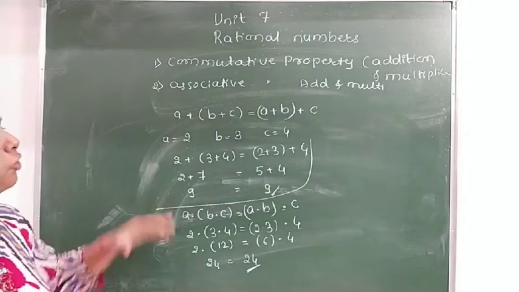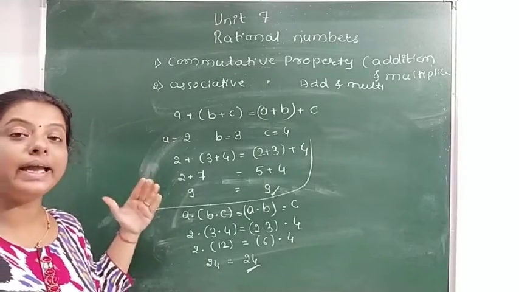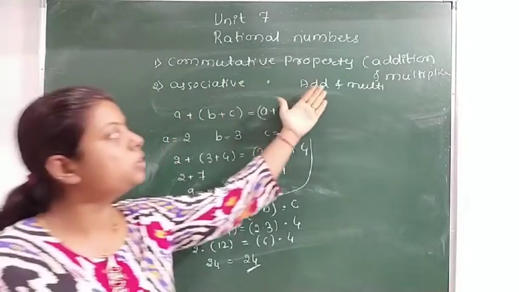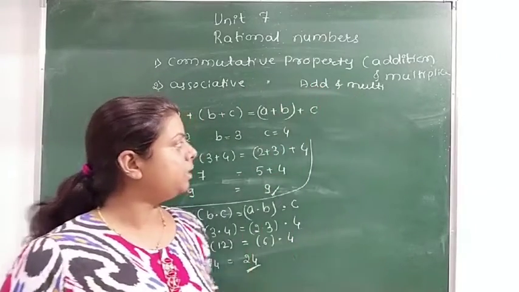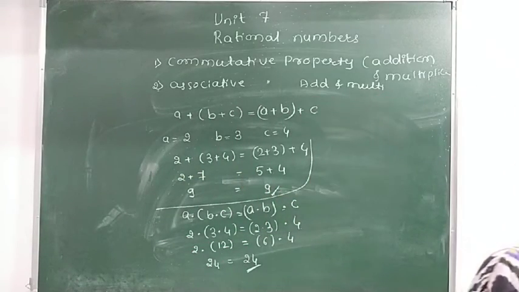See, the properties for the natural numbers get satisfied with both addition and multiplication. Similarly, we have to apply this for our rational numbers also.